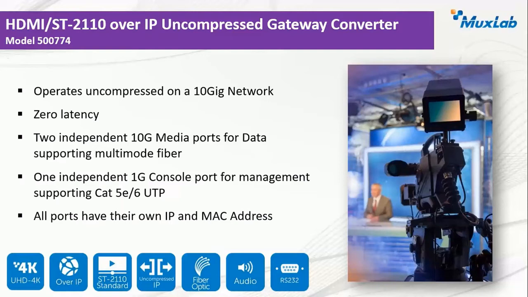So a lot of the broadcast folks have a media network for their audio video, and they have a management network where they do all the management of their devices, and they keep them isolated from each other. You don't have to. You can still use the same network if you want, but you have the option to do that. So all three ports, the two media ports and the control port, have their own MAC address and their own IP addresses, so they're completely independent.